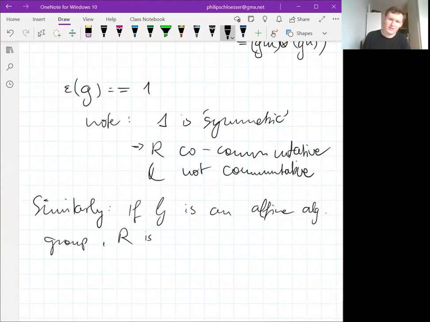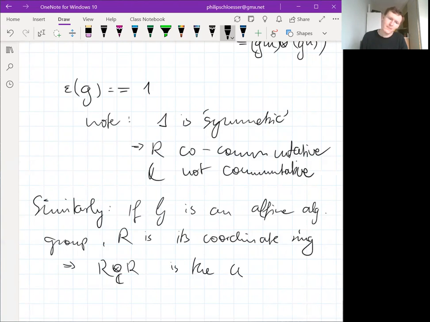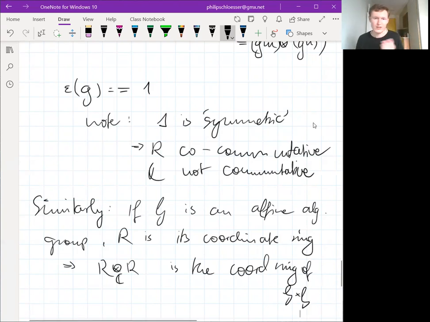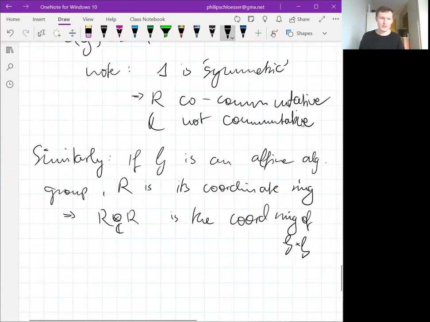And R is its coordinate ring, so the regular functions that are defined on the whole group. Then the tensor product is the coordinate ring of, again, the Cartesian product of G with itself.